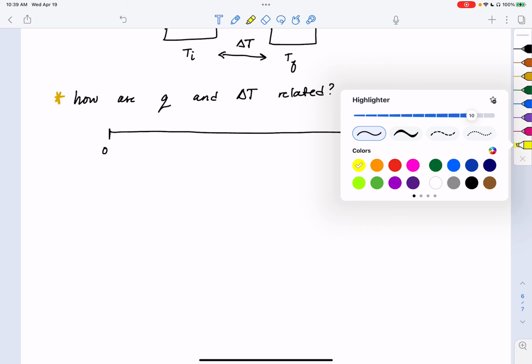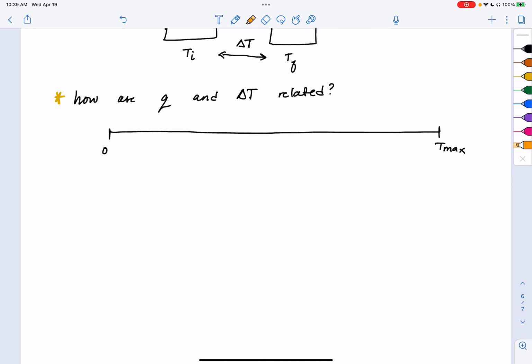If I were to look at a starting temperature of 0 to some final temperature here, Tf, then this delta T is equal to Tf, and I would have some Q that is related to that amount of temperature change.